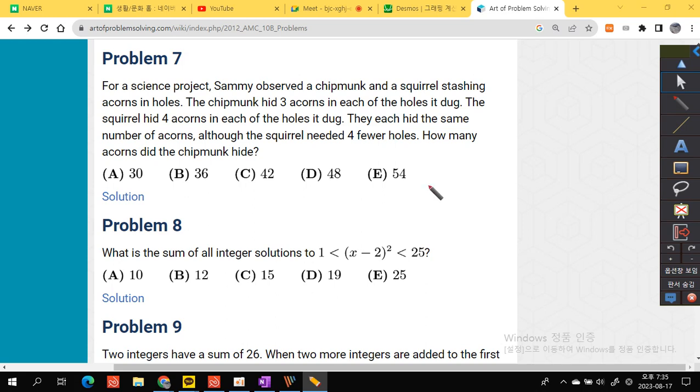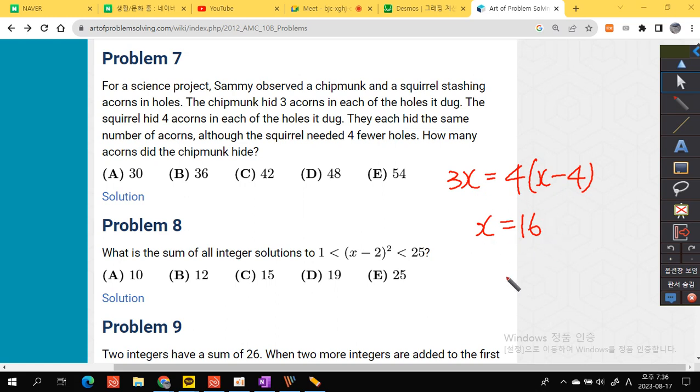Yes, so if the number of holes the chipmunk made is x, the squirrel needs 4 less. So the value of x is 16.